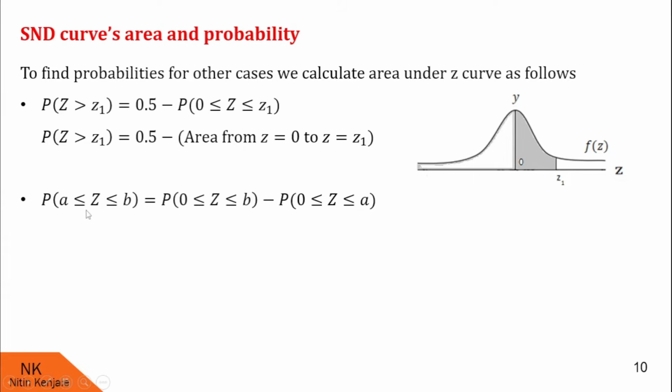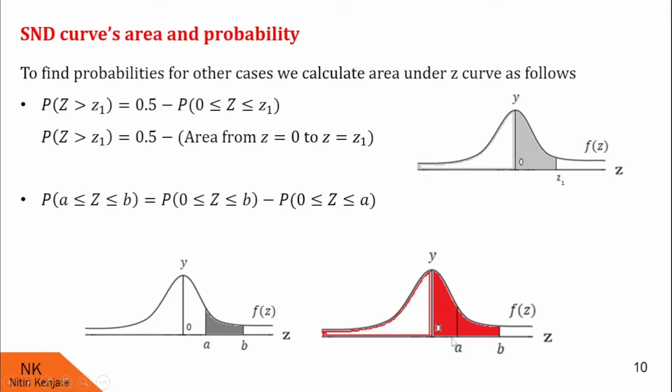Similarly, probability of z from a to b can be given by probability of z between 0 and b minus probability of z between 0 and a. Let us understand this with the help of a graph. Here is z equal to a and z equal to b. We want probability of z between a and b. That means we want this shaded area. This shaded area can be calculated by simply subtracting the area from z equal to 0 to a from z equal to 0 to b.